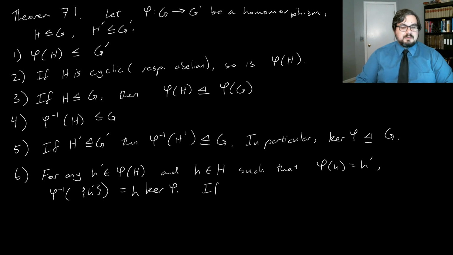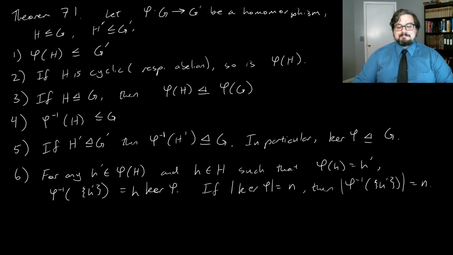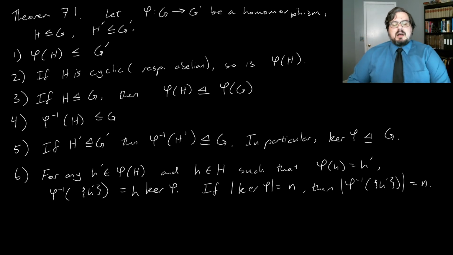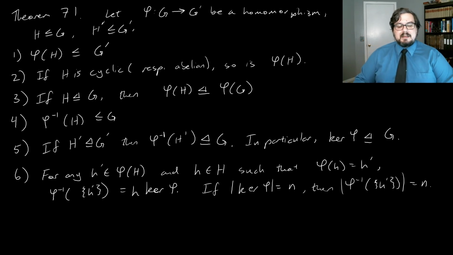In particular, if the order of the kernel of phi is n, if it's finite and equal to n, then the order of phi inverse of H prime is n. Now, this is a sort of long-winded way of saying that every element has the same number of preimages.